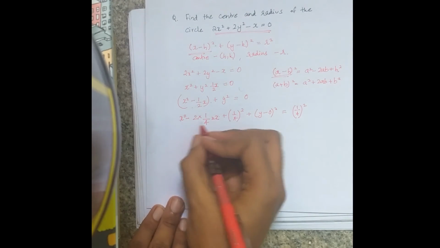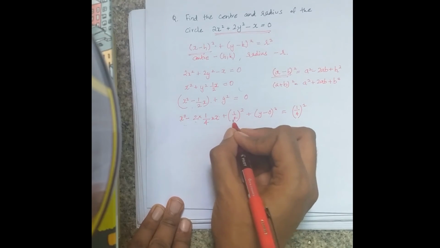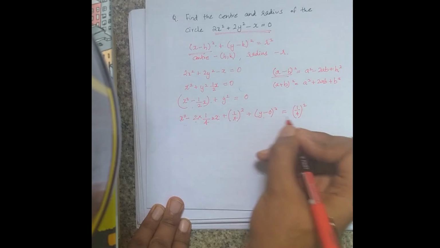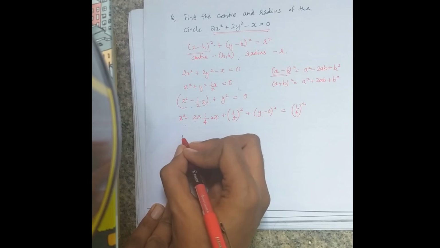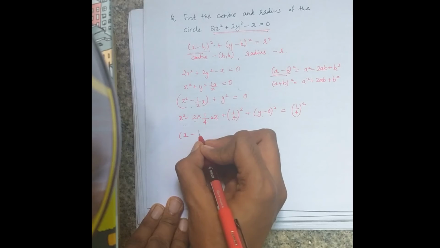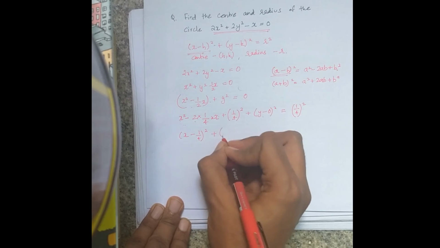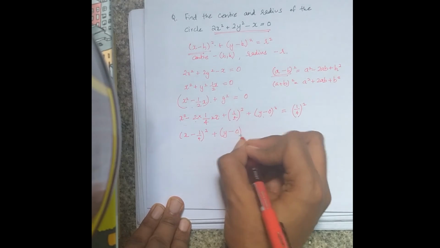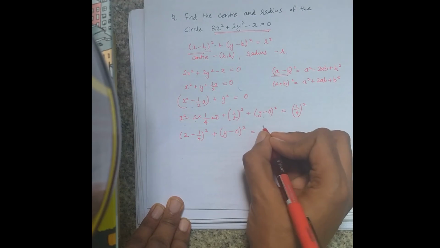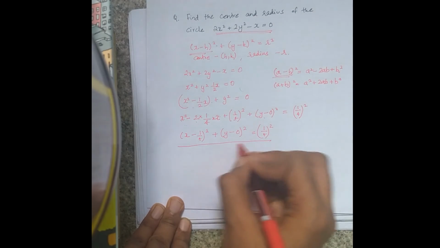Now since it's the form of x square minus 2ab plus b square, this can be reduced and written as x minus 1 by 4 the whole square plus y minus 0 the whole square is equal to 1 by 4 square. There you have it.